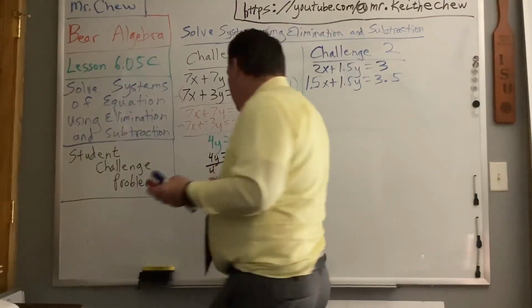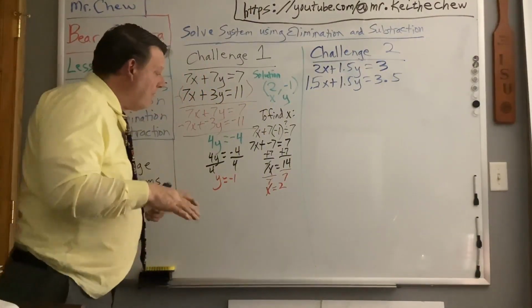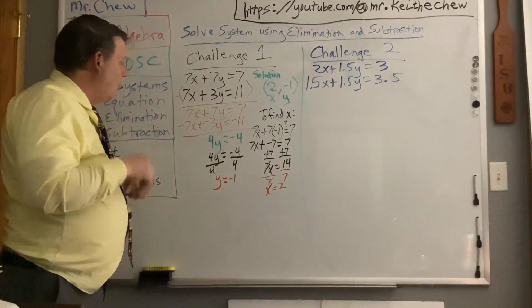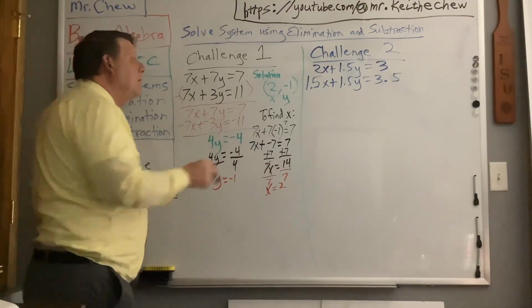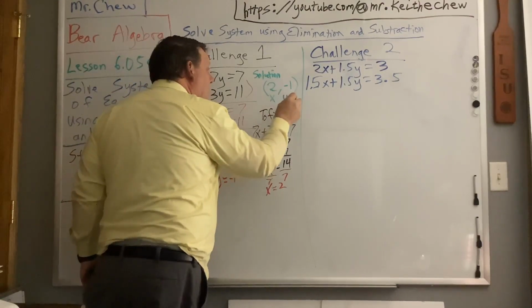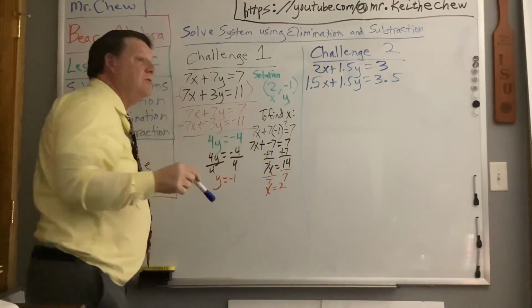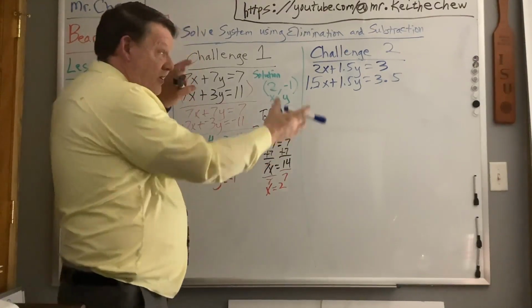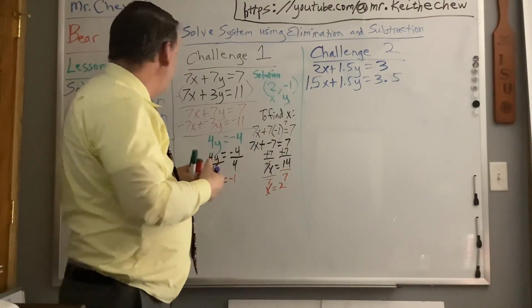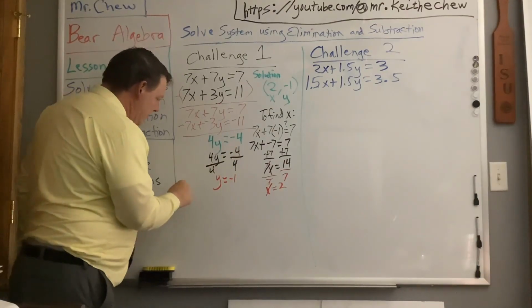Now, how do I figure out if I'm right? So I'm right if, when I substitute this for my x, this for my y in both equations, they both work, and I have the same number equaling the same number. So let's take the top one.